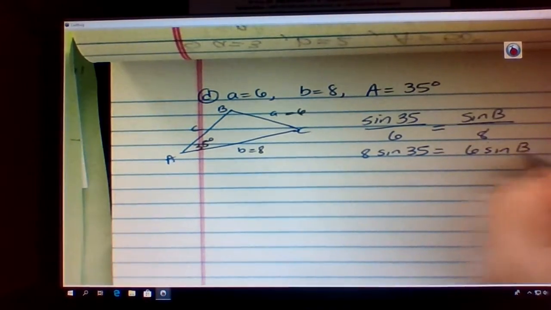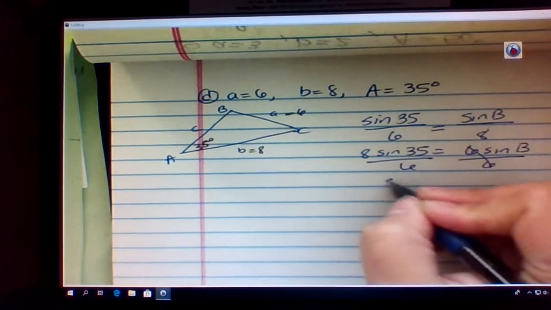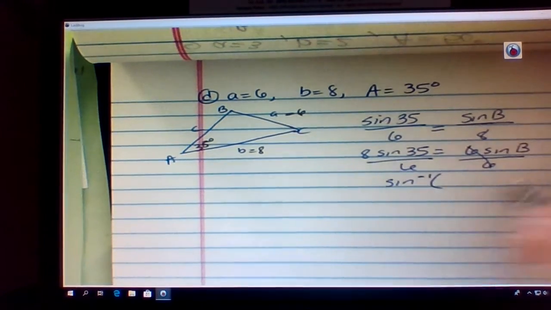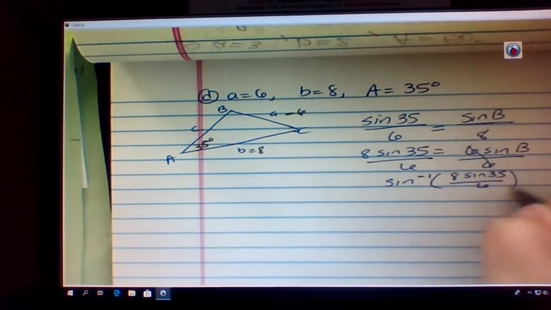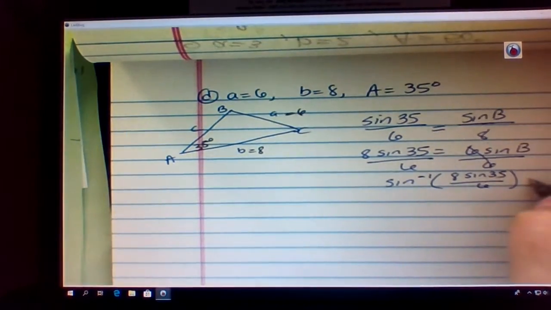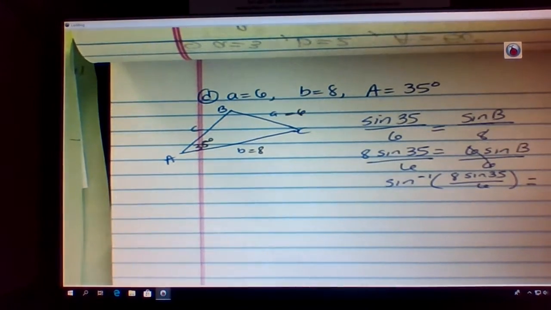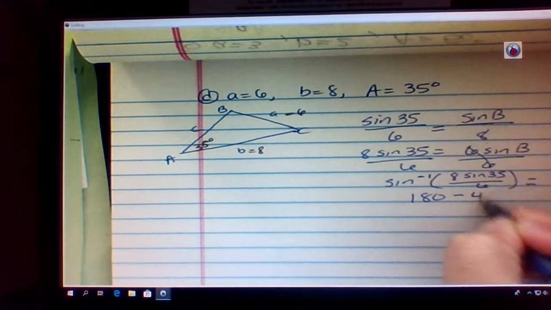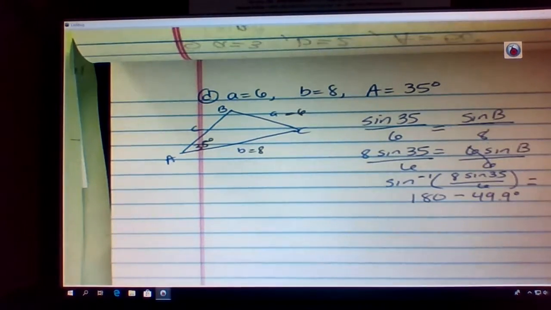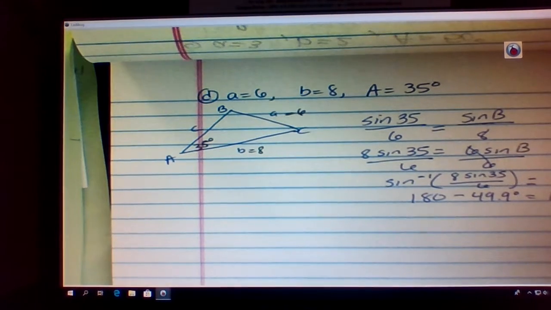Divide by 6. But because you're looking for the angle, you need to use the inverse. Inverse sine of 8 sine of 35 over 6. And this gives me 49.9, which is correct. But please remember, I have to try 180 minus 49.9, which is 130.1.